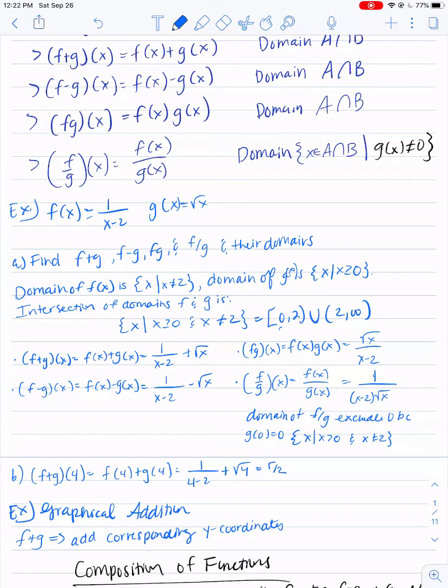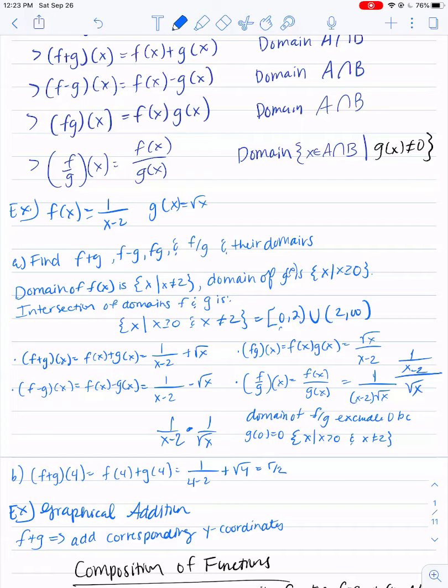And then (f over g)(x) is 1 over x minus 2 over square root of x. When you divide, you are doing 1 over x minus 2 times 1 over square root of x. So that's how we get 1 over (x minus 2) square root of x.